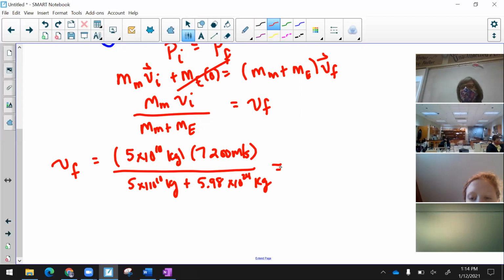Make sure you use parentheses, please. And what do you expect it to be? Big or small? What do you think? Probably small, because that Earth is much, much bigger than that meteor. Or meteorite once it hits the surface.